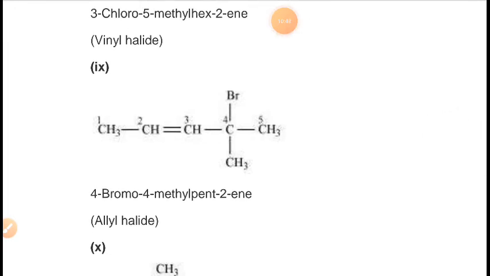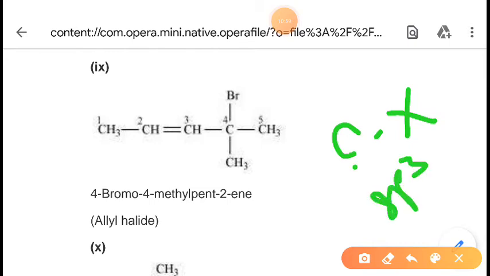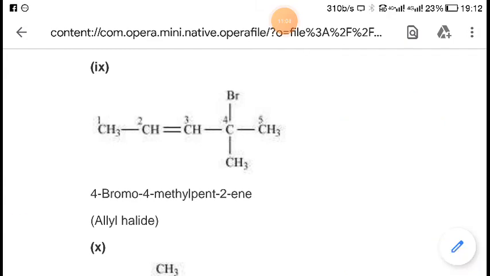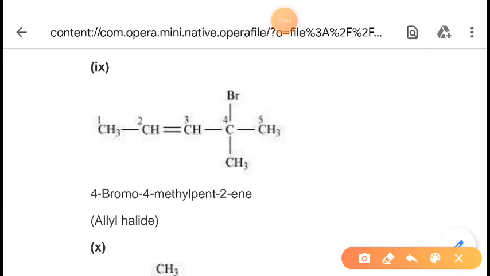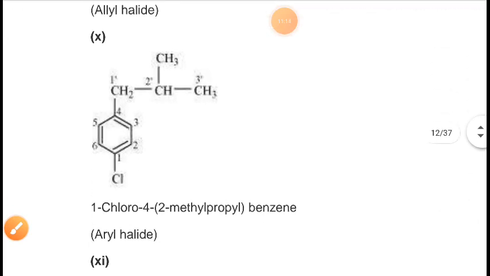After that, again, allyl halide. What is allyl halide? What I have told you is that the carbon which is attached to the halogen should be sp3, and the next carbon should be sp2. So you can see here, the carbon attached to the halogen is sp3 and the next carbon is sp2. So this is allyl halide. After that, number 10, this is aryl halide.